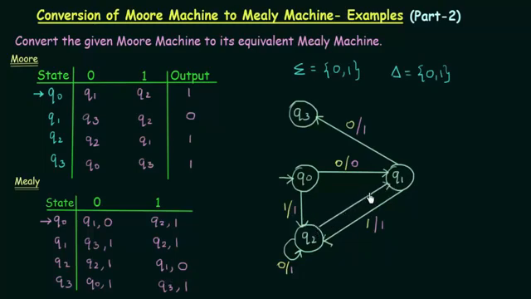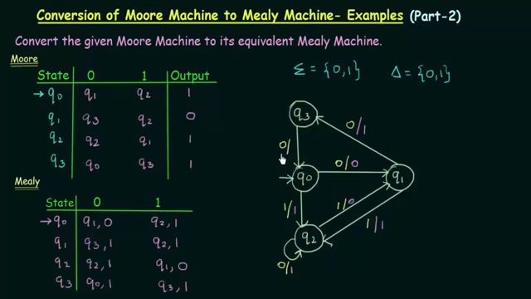On what input does it go to Q1? On input 1. And what is the output that it gives? The output that it gives is 0. So it's a 0 over here. And now we have completed Q2. Now coming to Q3. So Q3 on input 0, where does it go? It goes to Q0. So Q3 will go to Q0 on input 0.